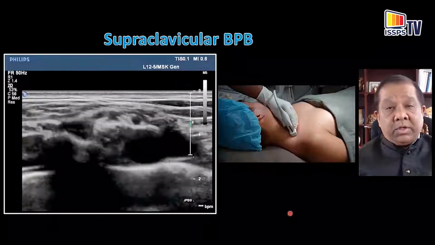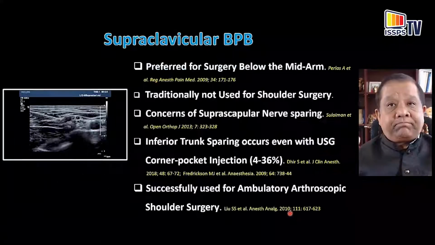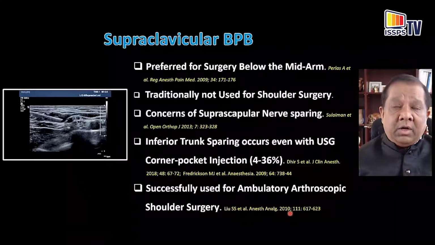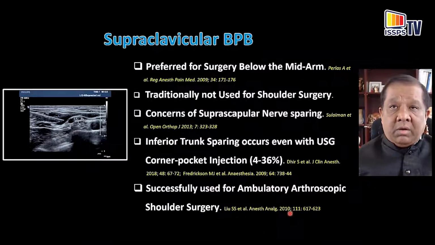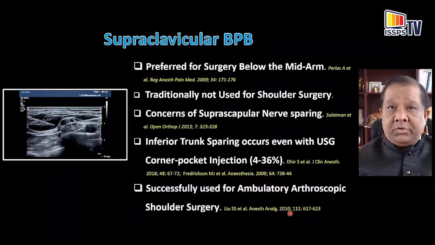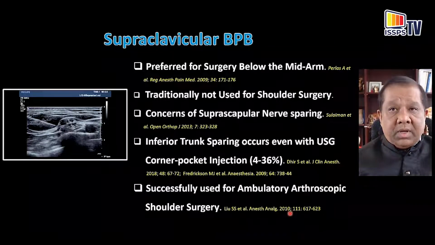Supraclavicular brachial plexus block is often described as the spinal anesthesia of the upper extremity because it produces very rapid onset of sensory motor blockade of not only the arm but also the forearm and the hand, and is traditionally not used for shoulder surgery because of the concerns of suprascapular nerve sparing.